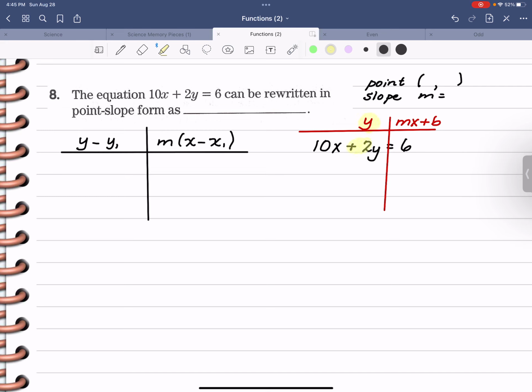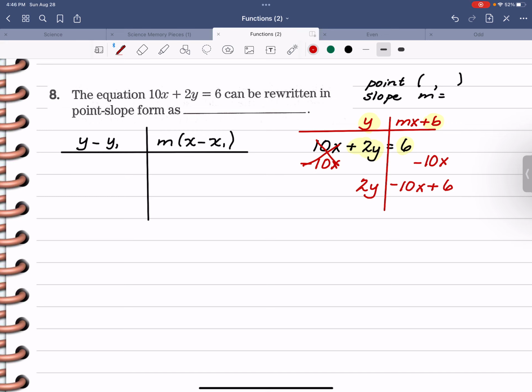We have our y in place, and we have baby b. We have that 6 there. So we need to move the 10x over to this side of the equation. So I'm left with 2y equals negative 10x plus 6.